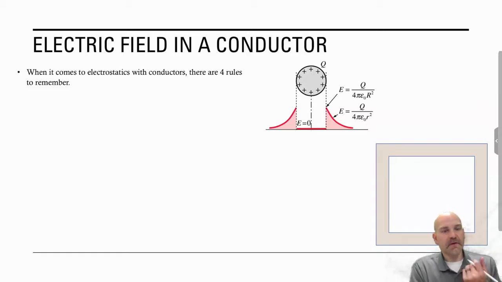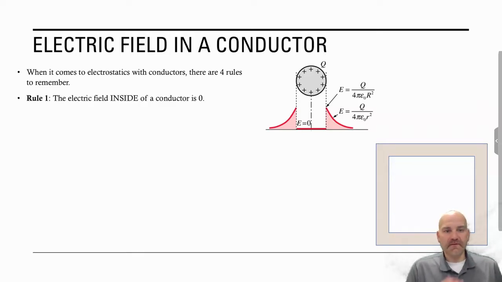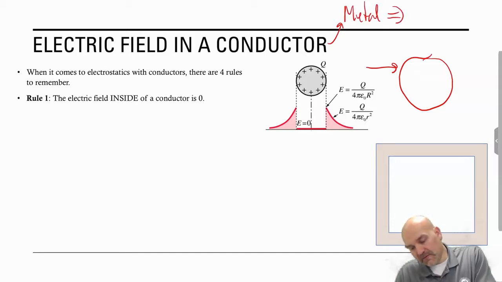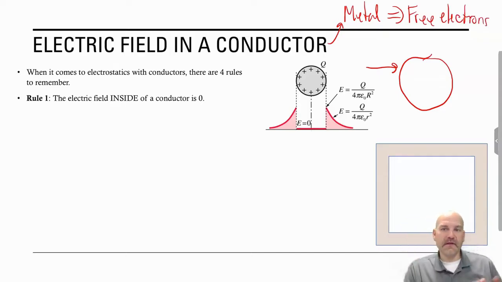So the main thing when we look at electrostatics with conductors is that there are 4 rules that you need to remember. The first rule is that the electric field inside a conductor will be 0. If I place a conductor, which is basically a metal, we're looking at those free electrons. The free electrons are able to move nice and smoothly, there's no impedance and so forth.